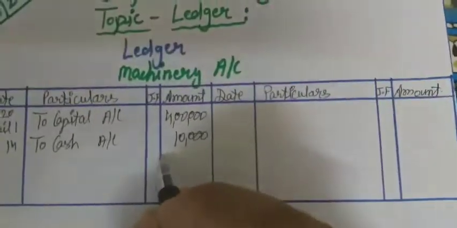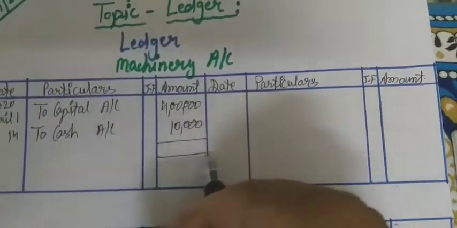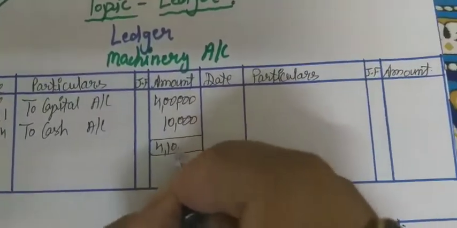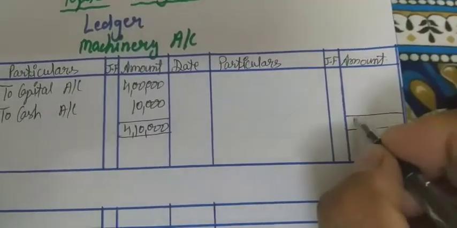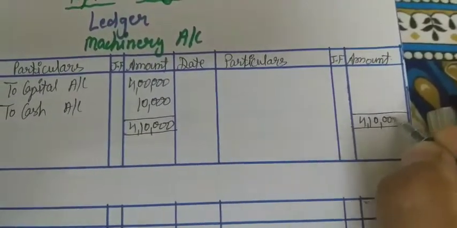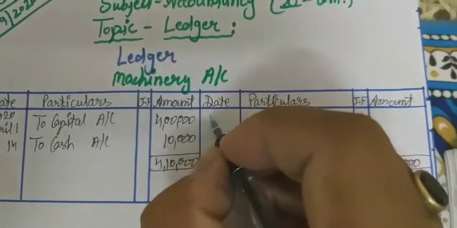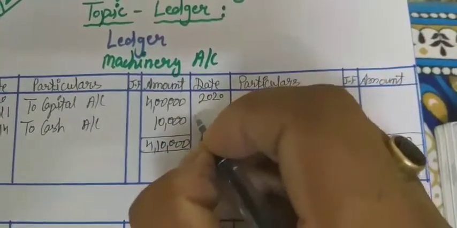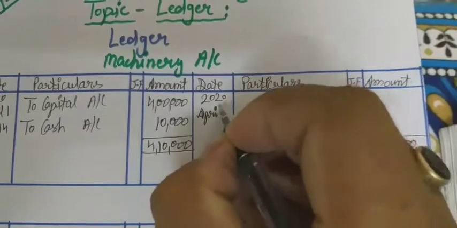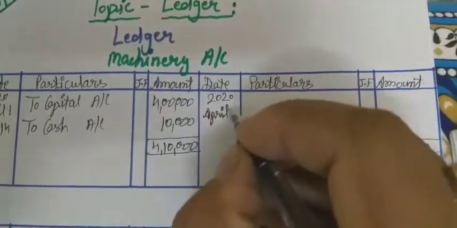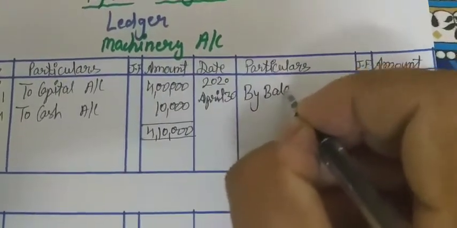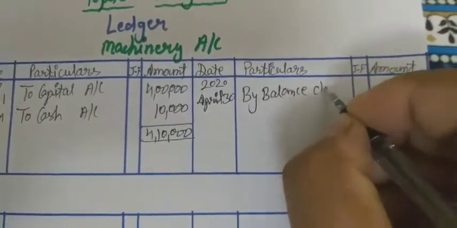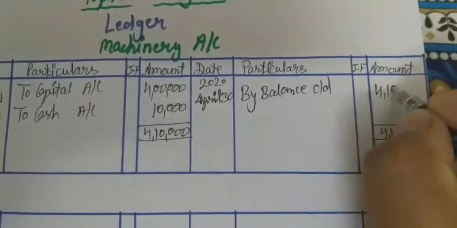Now we have to balance the machine account. The total is 4,10,000, and on 2020 April 30, by balance c/d 4,10,000.